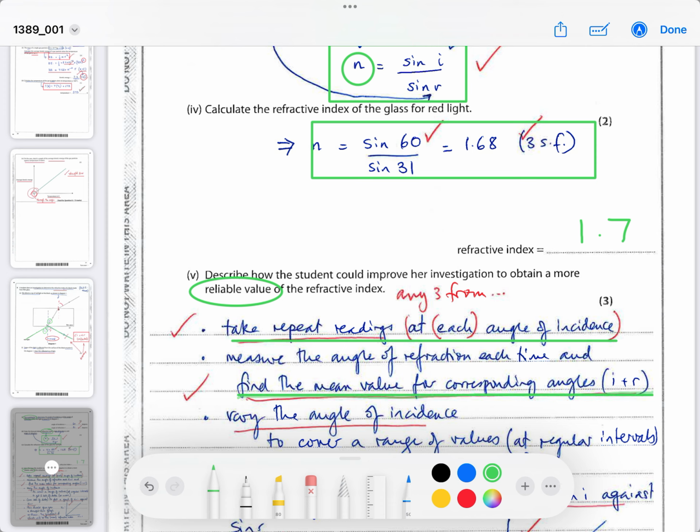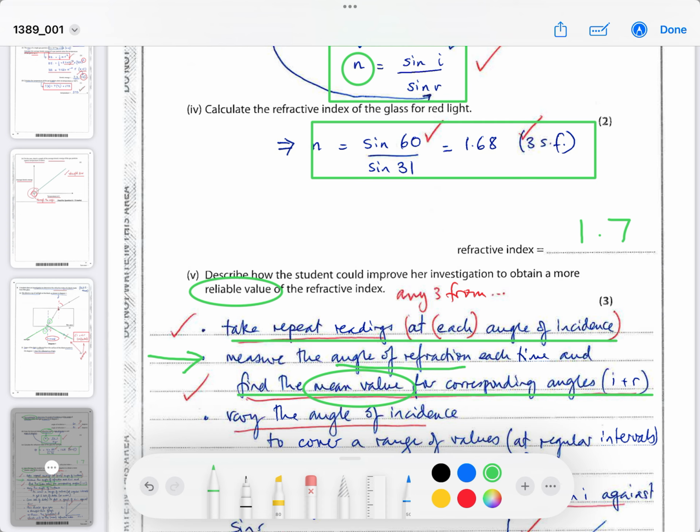The whole point of repeat readings is to take a mean value, and you should say mean, you shouldn't say average. Average is a very general word. Obviously each time you change the angle of incidence, you also have to measure the corresponding angle of refraction.